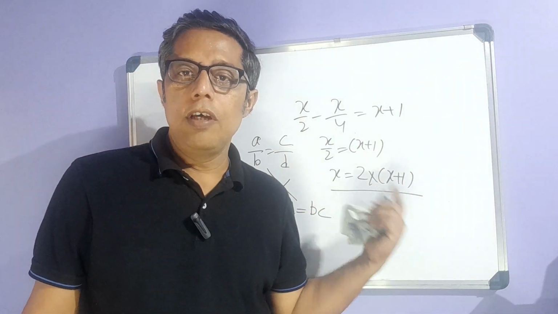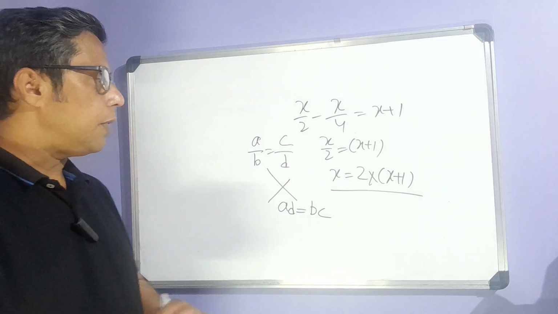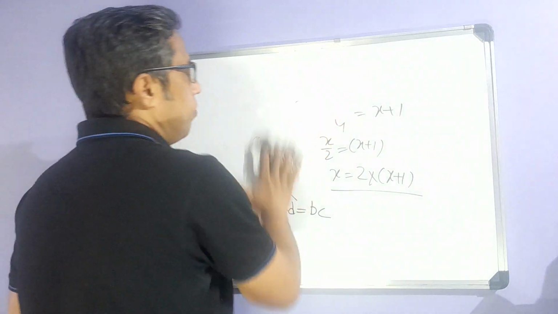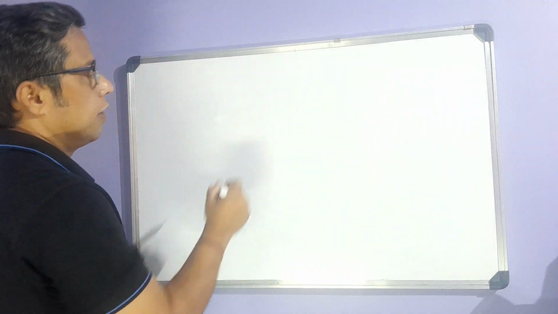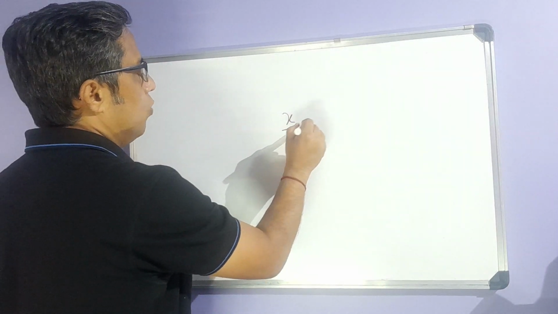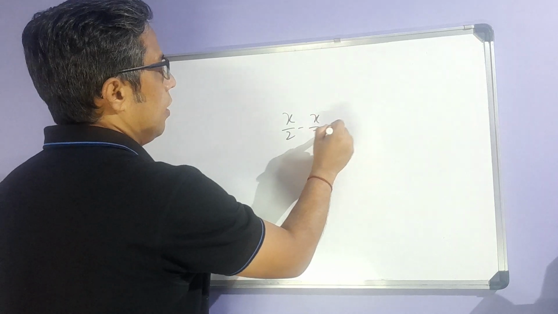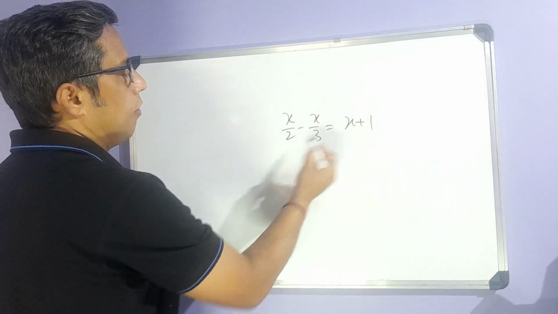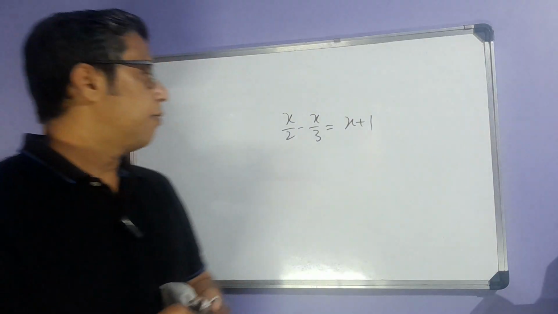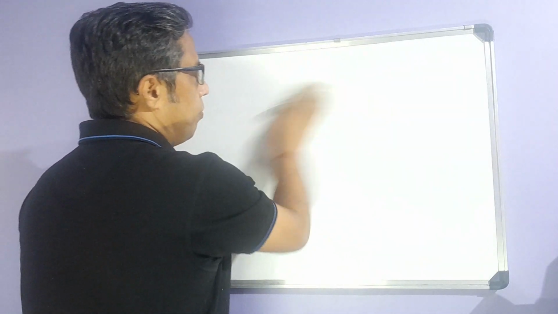Be very careful in this part. Okay. This is one part. So you'll get lots of linear equations to solve with this. Let's say you'll get x by 2 minus x by 3 is equal to x plus 1, whatever. So you'll solve this, then you'll equalize by cross multiplying, right? So this is one part.